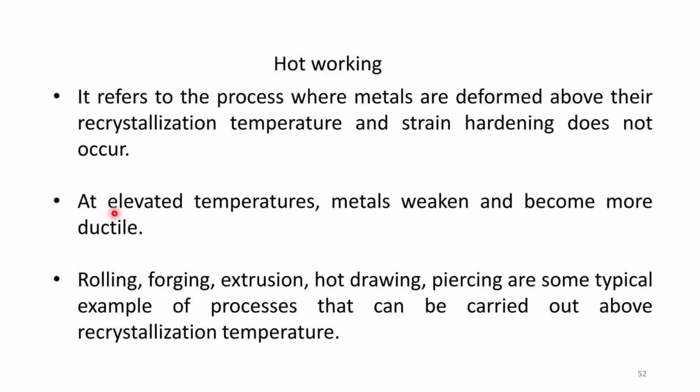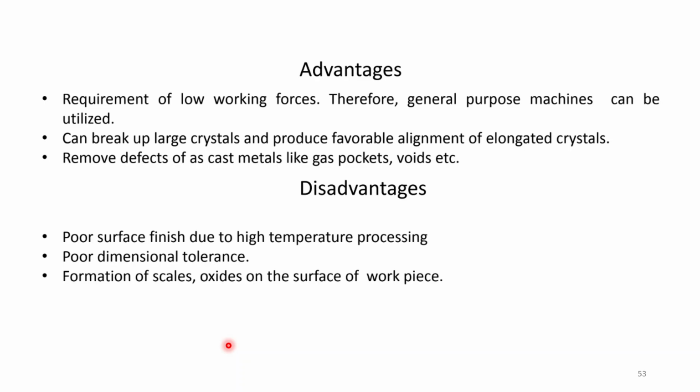Now rolling, forging, extrusion, hot drawing, piercing, these are some of the typical examples of processes which can be carried out above recrystallization temperature. The advantages: requirement of low working forces is one of them. Because your material is ductile in nature, general purpose machines can be utilized.